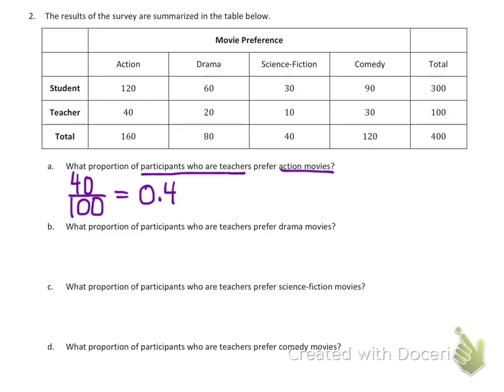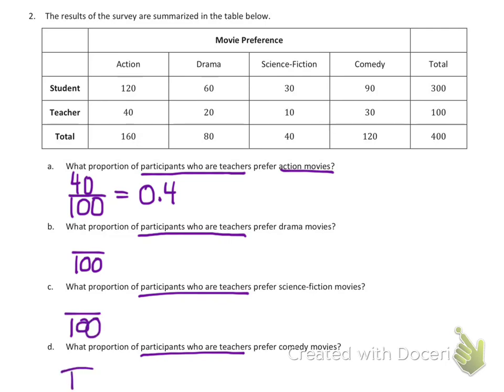Okay, so pause the video and answer B through D. Okay, so all of these are asking what proportion of participants who are teachers. So these are all going to be out of 100. So drama movies: there were 20 out of 100 teachers who preferred drama movies.